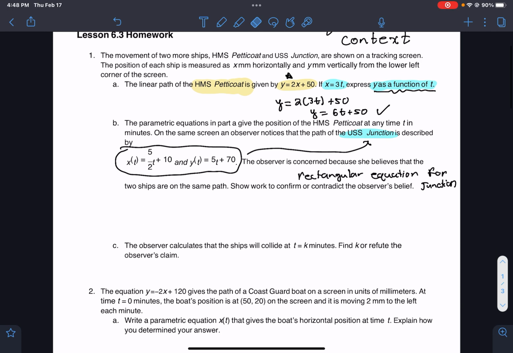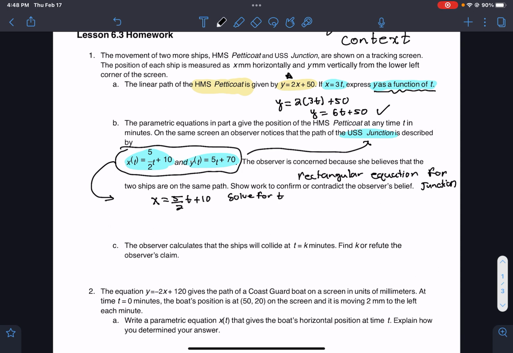So when I try to do this problem, we see two equations. We got x in terms of t, and we got y in terms of t. So what I'm thinking is if we take this x function, which is x equals 5/2 t plus 10, let's solve for t first.